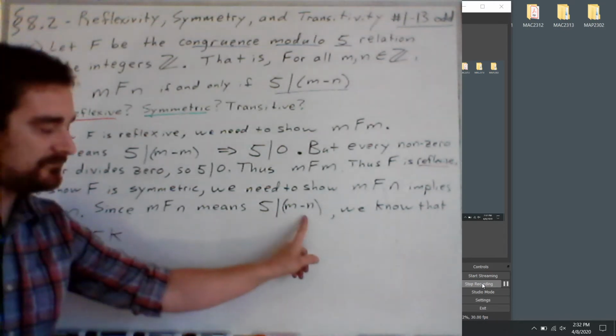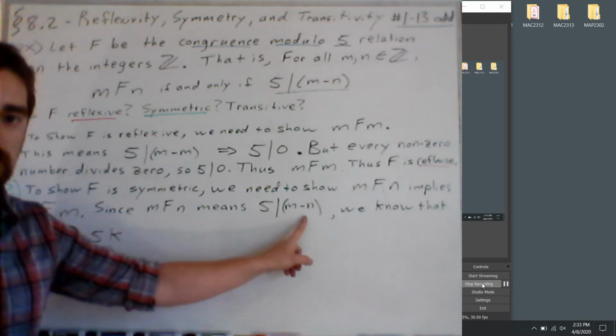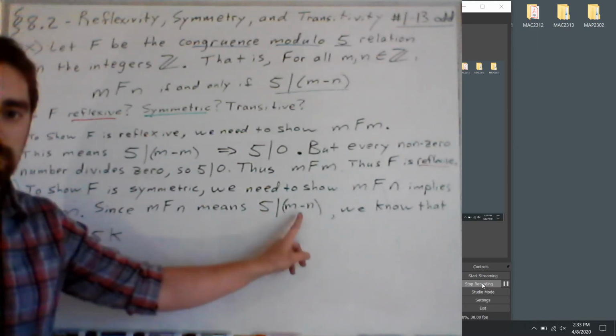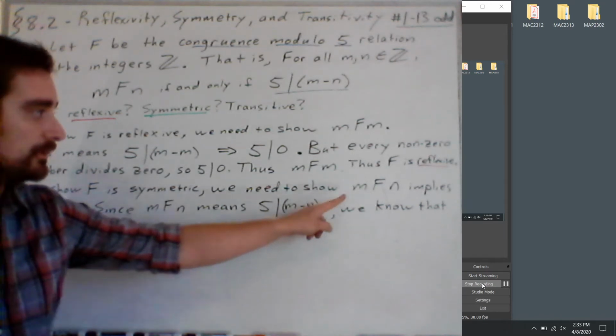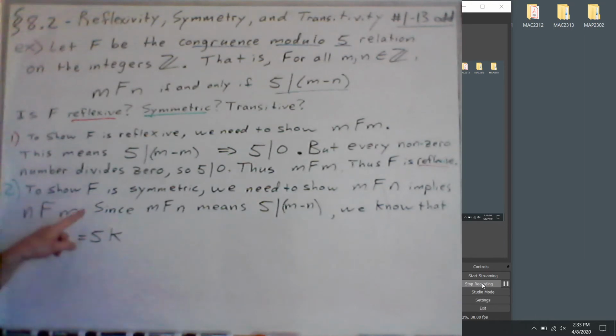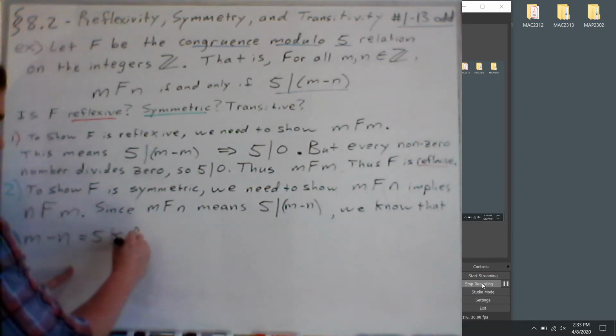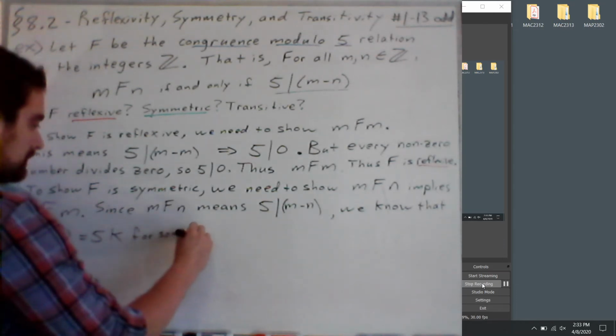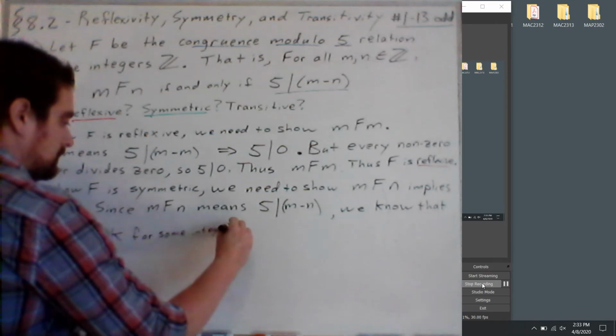If 5 divides m minus n, then this must be a multiple of 5. That's the only way 5 can divide this number. So we know that m minus n is a multiple of 5. We're going to say it's 5k for some integer k.